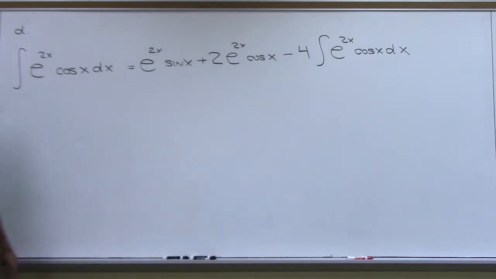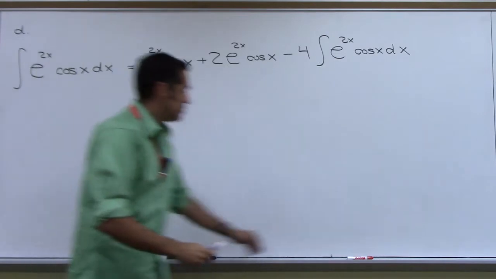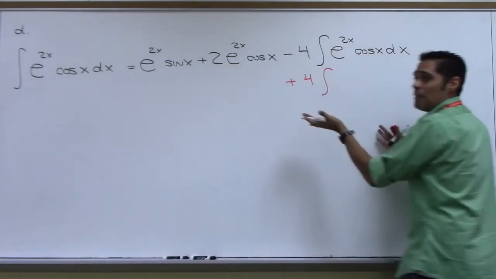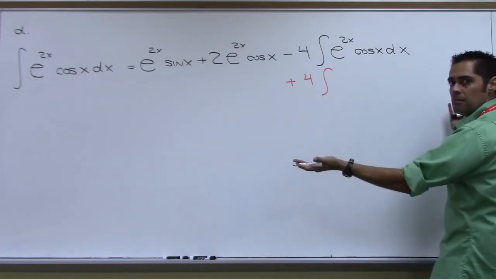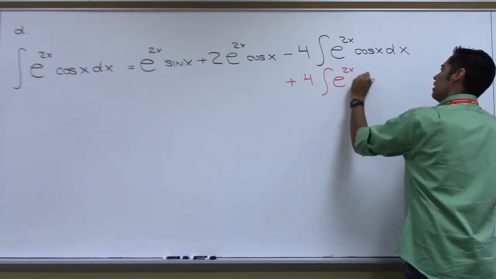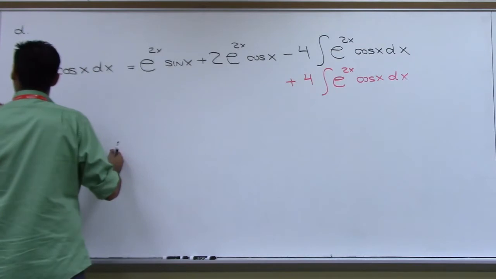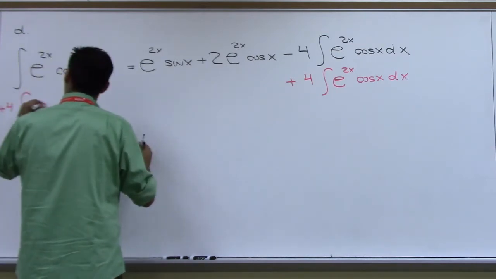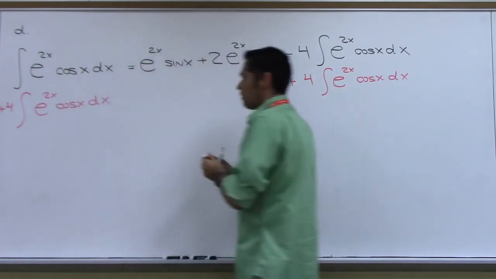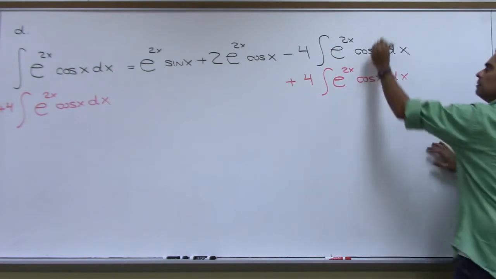So I'm going to algebraically realize that what I'm trying to solve for is appearing over there, and so I can add 4 of these integrals. I don't know what they are, but it's a balance, right? I can do the same thing to both sides. So I can add this integral, whatever it is, to both sides of the equation. What happens over here? It's gone.